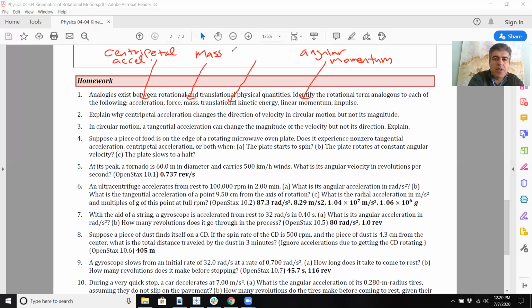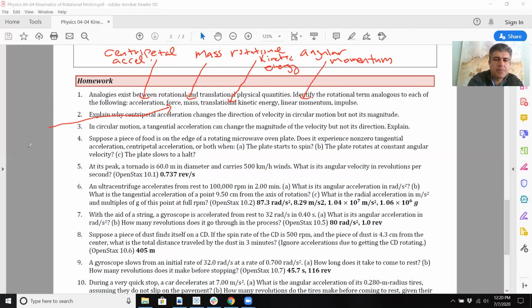Here we'll call that rotational kinetic energy, and we'll do that tomorrow also. Force, we actually call that torque in some ways.